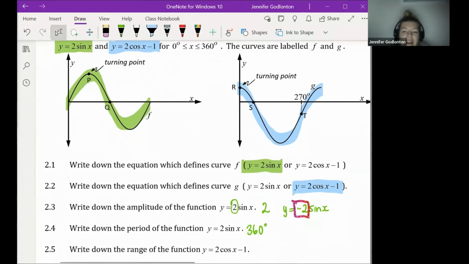Write down the range of y is equal to 2 cos x minus 1. Be careful. Range, guys, range.